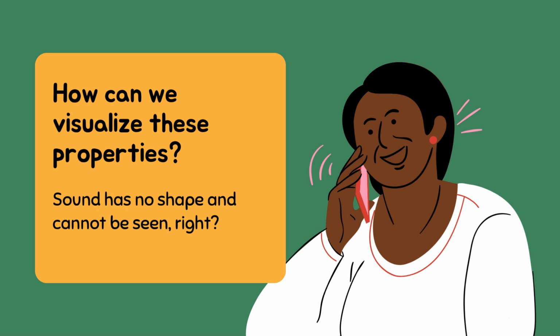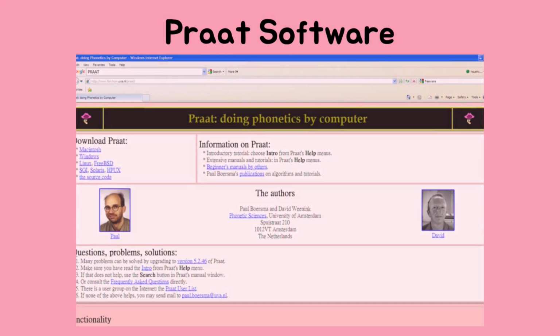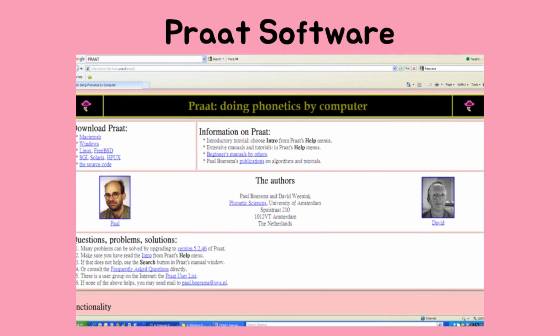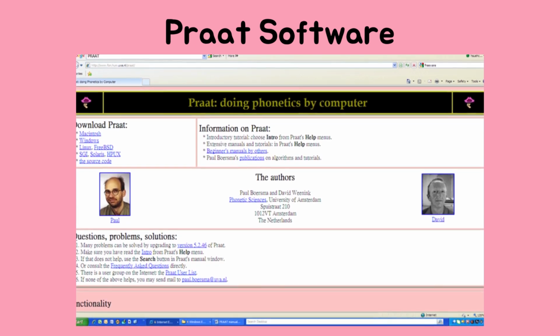So we will be able to visualize this abstract thing, which can only be sensed by our ear, by using current technology, that is Praat software. This is the appearance of the website where you can download the Praat software.